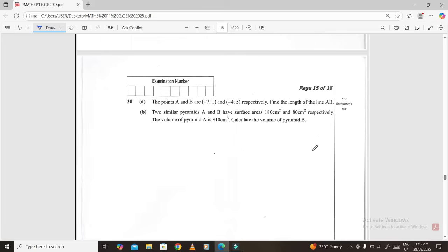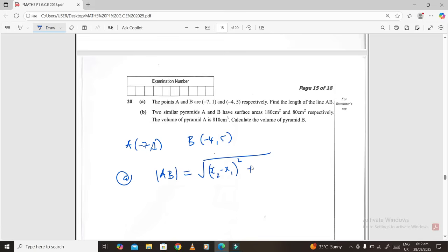So we go to the next question, which is question 20. The points A and B are negative 7, 1 and negative 4, 5 respectively. So A is negative 7, 1. B is negative 4, 5. Find the length of line AB. This is question A. AB is equal to the square root of (x2 minus x1) squared plus (y2 minus y1) squared.